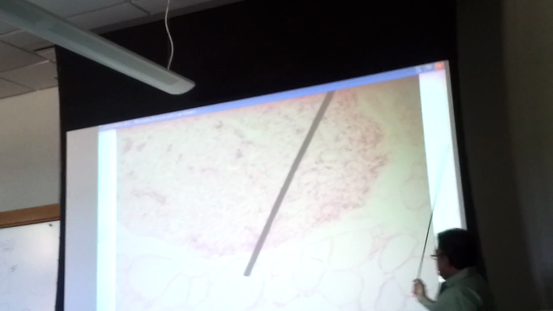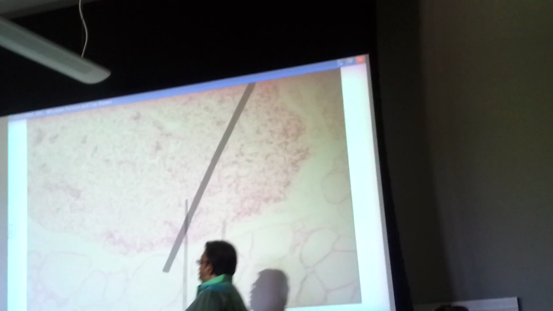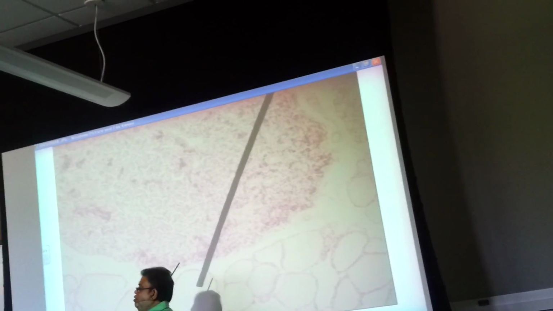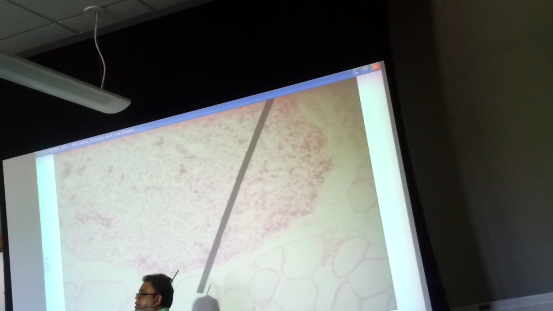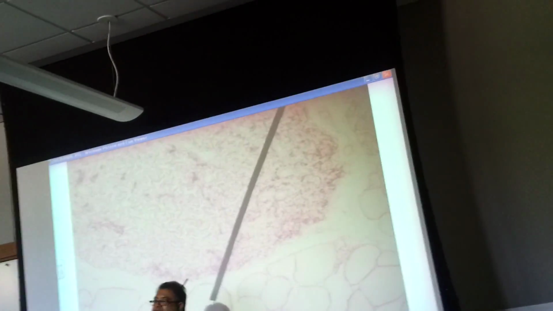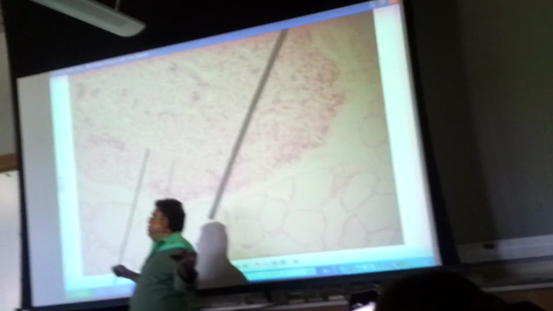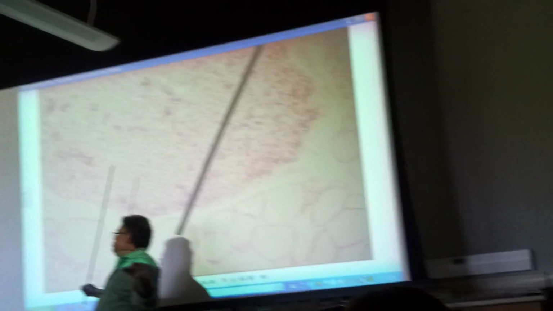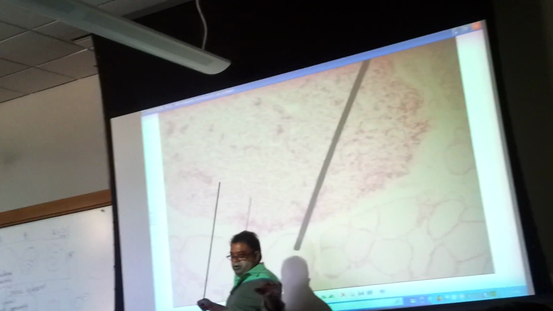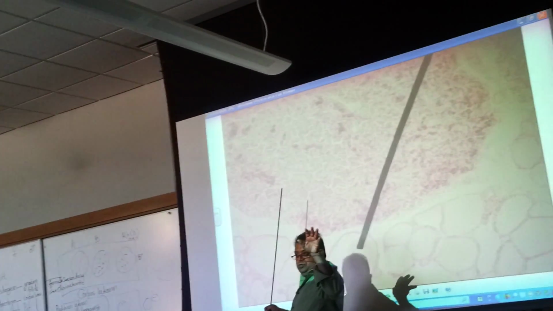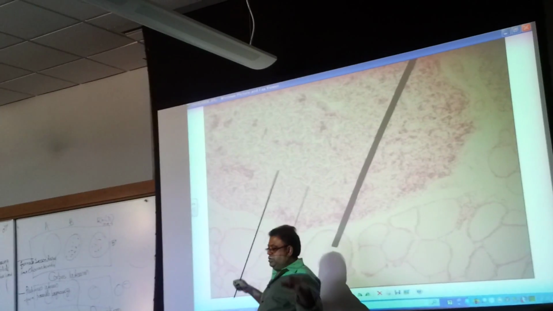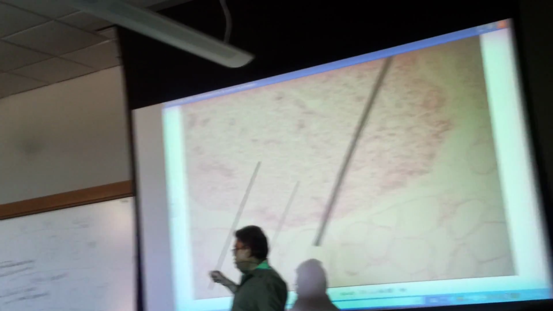The parathyroid hormone and the calcitonin are antagonistic hormones. They work against each other, and that's how they maintain the right concentration of calcium in the blood. Too much calcitonin, too little parathyroid.